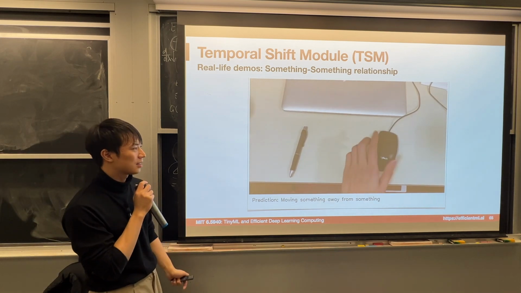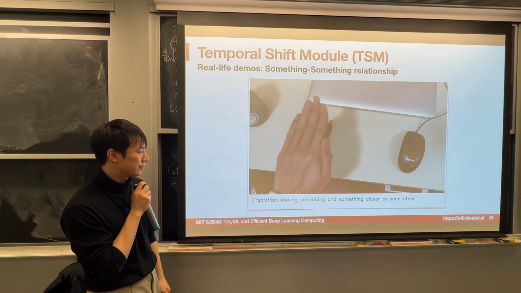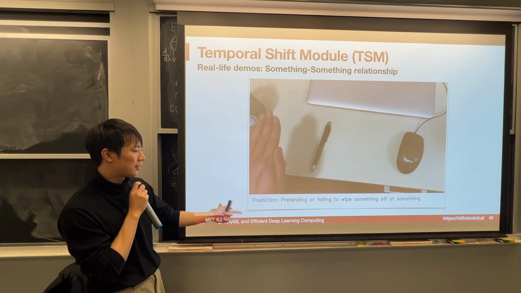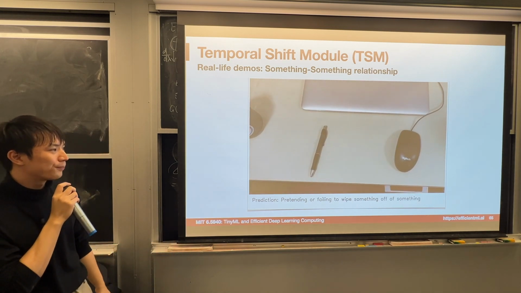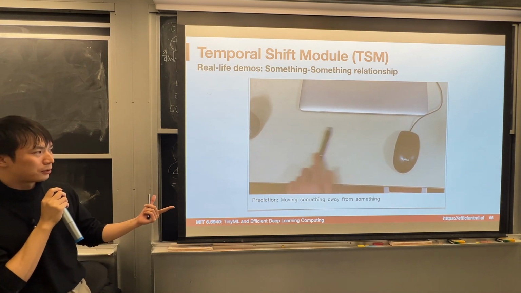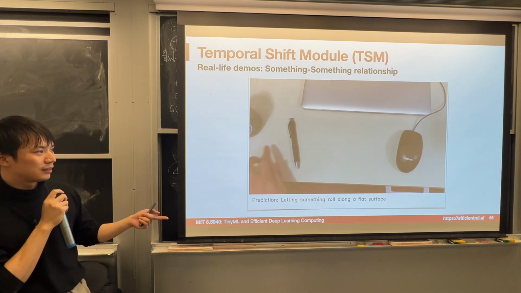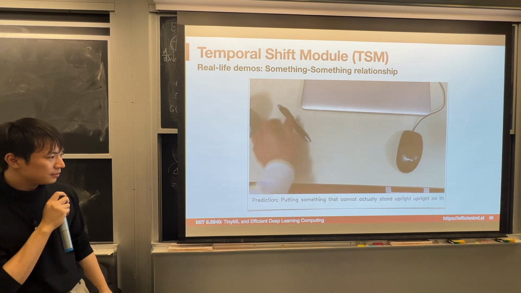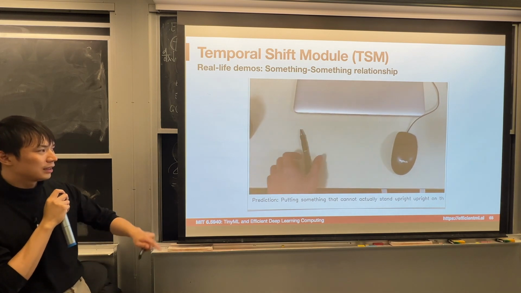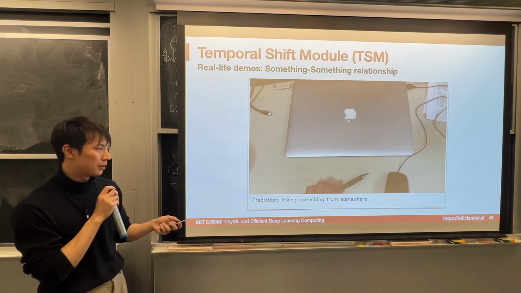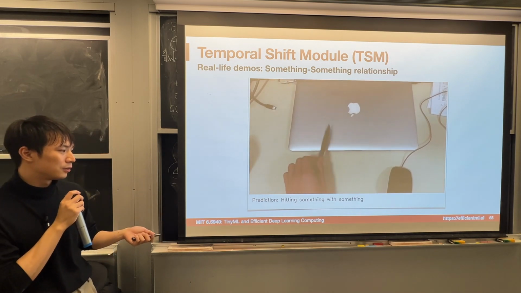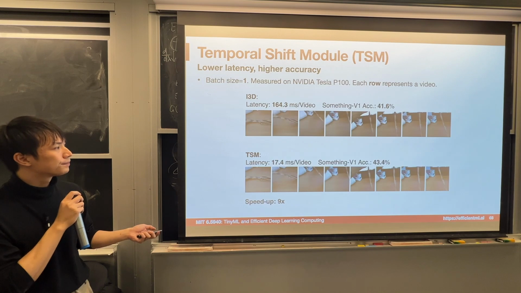The model can get quite high quality outputs, for example, it says covering something with something. So the model can correctly handle the temporal relationship between these frames. These tasks all require temporal information to get the correct label. If you look at a single frame, it doesn't know what is happening.